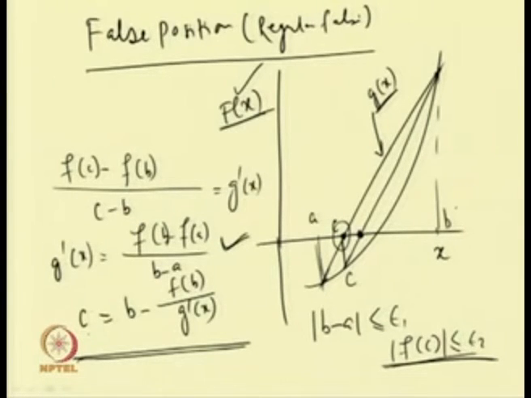Then that C dash point or D point we can obtain, and we can iterate till we obtain the result.